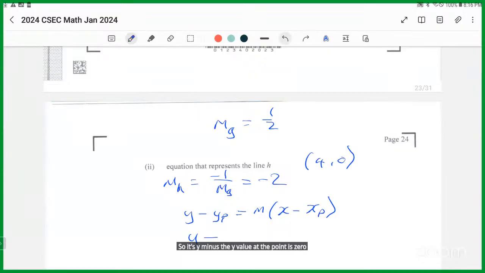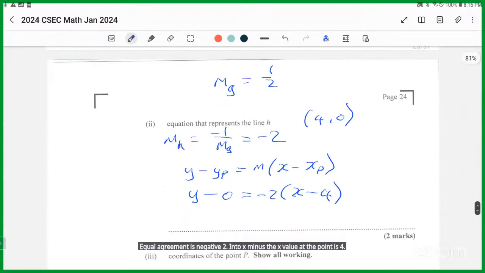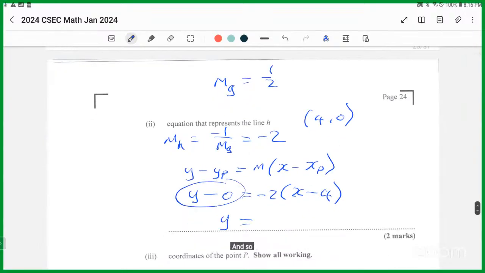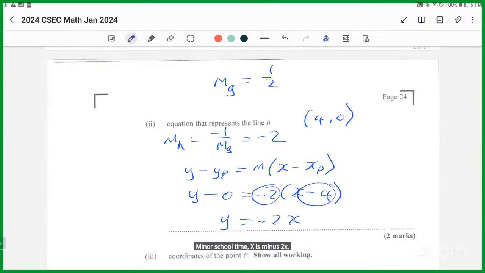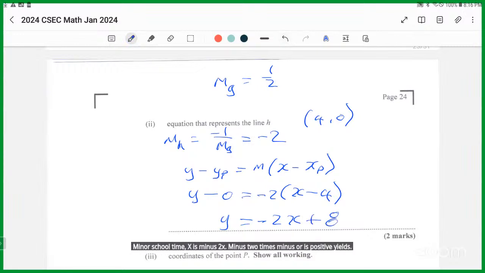So it's y minus 0 equals the gradient, this -2, times x minus the x value at the point, which is 4. And so it's y equals, y minus 0 is just y. -2 times x is -2x. -2 times -4 is +8. So that is the answer right there for that line H.